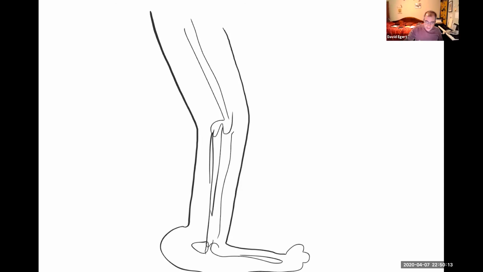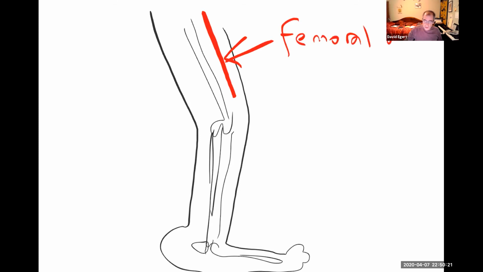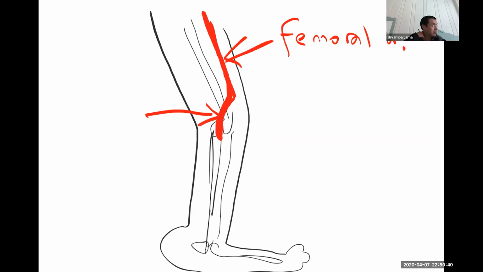So the main thing coming down the front was the femoral artery. The femoral artery ends up moving behind the knee. So it comes down, but then it ends up behind. What are we going to call something that's behind the knee? Popliteal? Exactly.